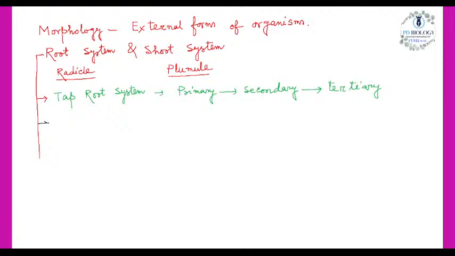Second one, the fibrous root system. In monocots, the primary root is short-lived and is replaced by many roots.